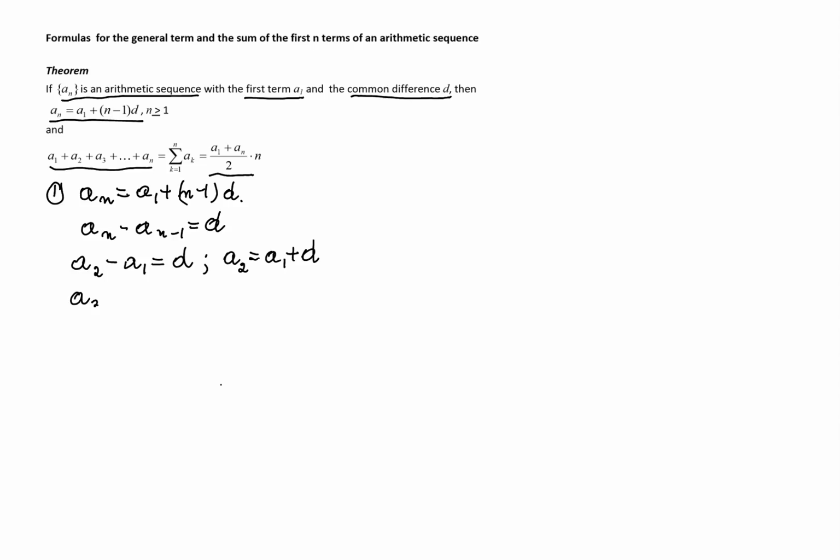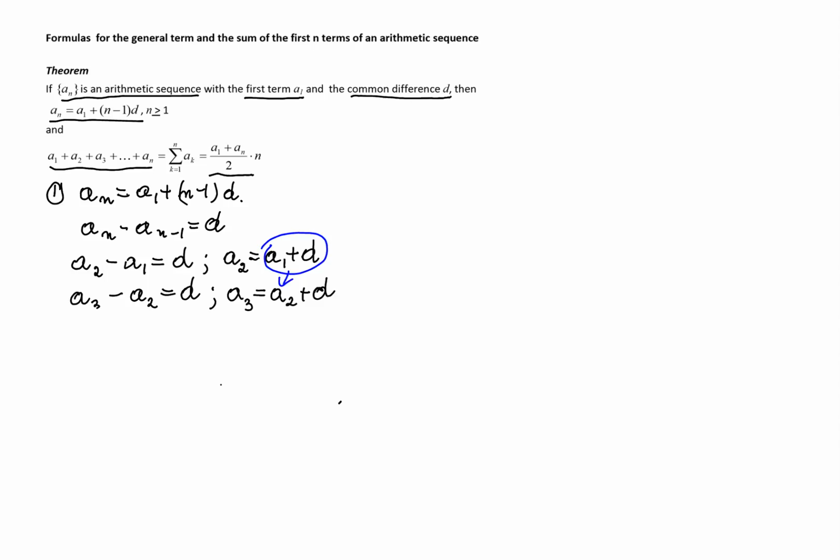Also, we know that if you take n equal 3, a sub 3 minus a sub 2 is also d, and therefore a sub 3 is a sub 2 plus d. But a sub 2 was a sub 1 plus d.